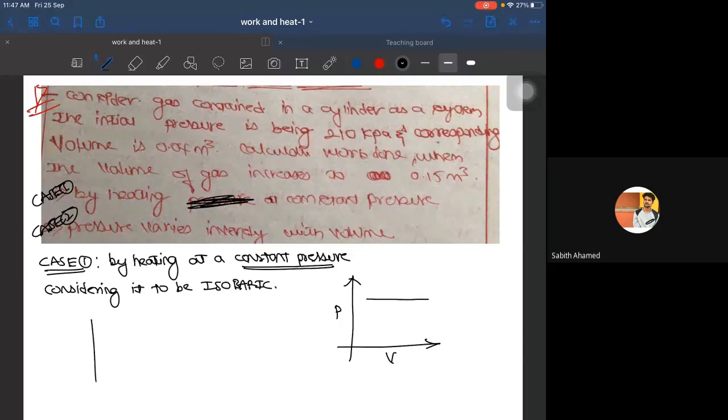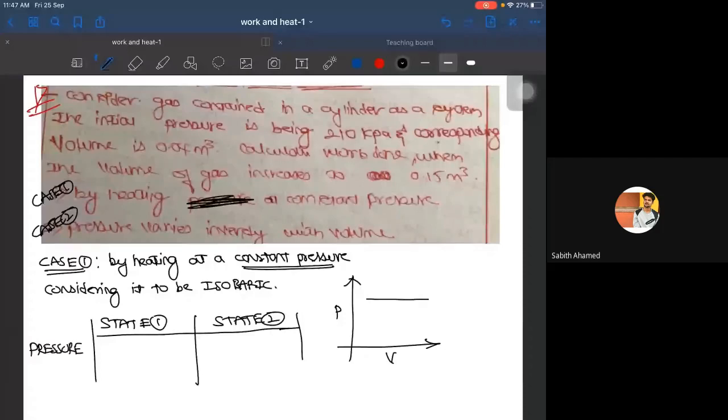State 1 and state 2, two separate columns for initial and final. The first parameter is the pressure, and the second is the volume. Help me to fill this. What is the value of P1? What is the value of V1 given in the problem? What is the value of P2? And what is the value of V2 given in the problem? Just looking at the problem statement, I expect you to tell this.